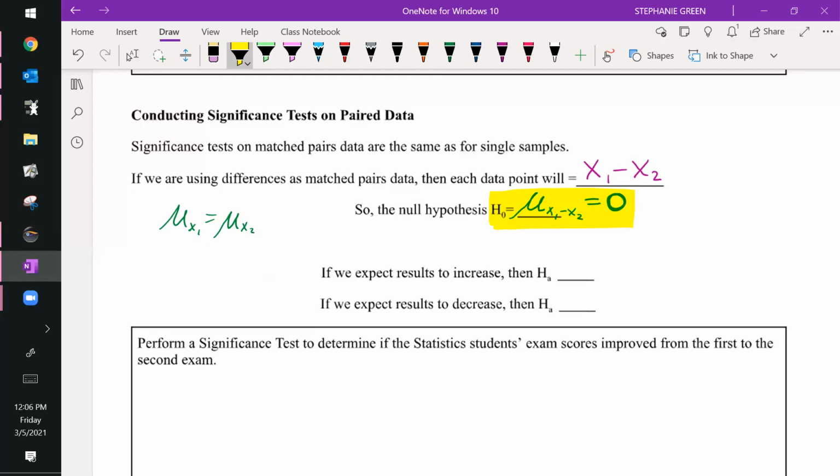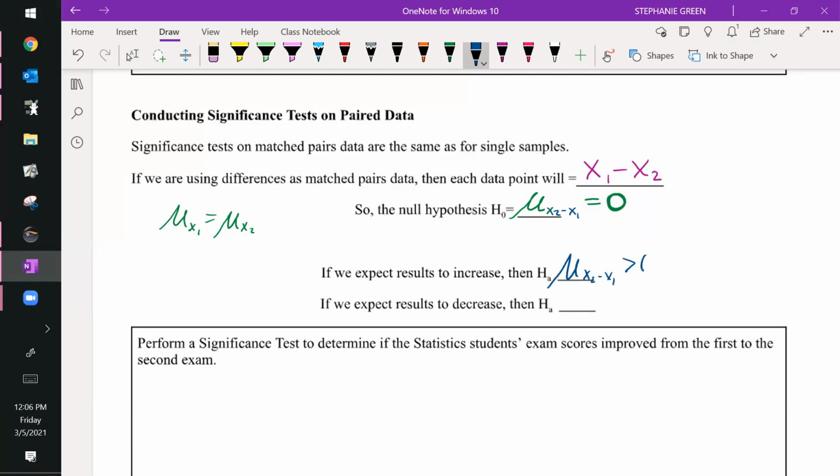Okay, and then from that, of course, we can hypothesize that maybe there is a difference. So if we expect the results to increase, and actually I should write this differently here. It makes more sense if I put x2 first and then x1. Okay, if I take my after results and subtract the before results, if things have improved, then that number will be positive.